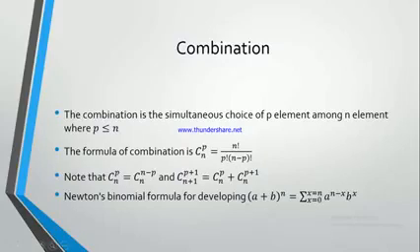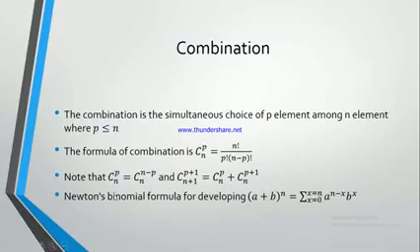So note that n choose p is equal to n choose n minus p, and n plus 1 choose p plus 1 is n choose p plus n choose p plus 1.